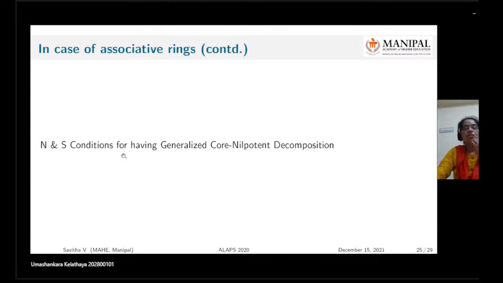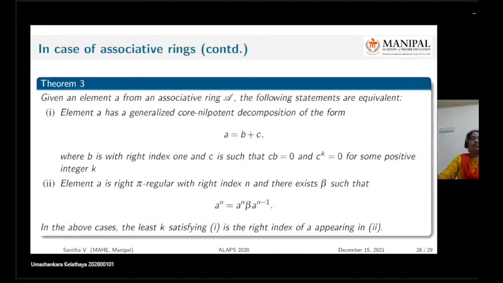The necessary and sufficient condition for having generalized co-nilpotent decomposition in the case of a ring is as in the following theorem. Given an element a from an associative ring A, the following statements are equivalent. First, the element a has a generalized co-nilpotent decomposition of the form a equals b plus c, where b is with right index 1, and c is such that c^k equals 0 and cb equals 0 for some positive integer k.